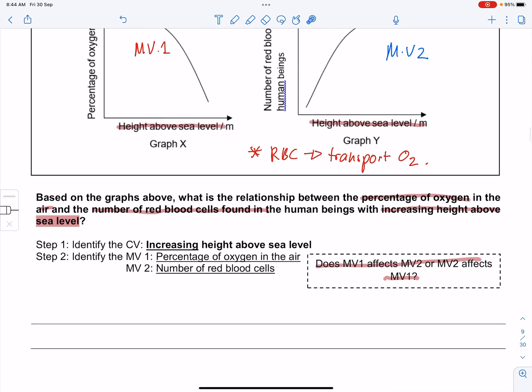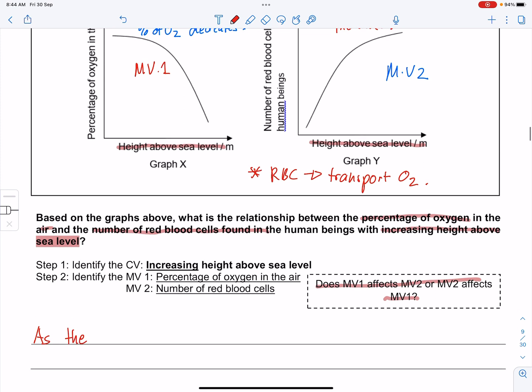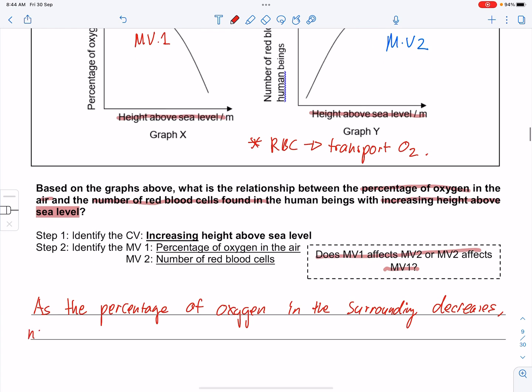So, to answer this question, you would say that, okay, as the percentage of oxygen in the surrounding decreases, number of red blood cells in human beings increases.